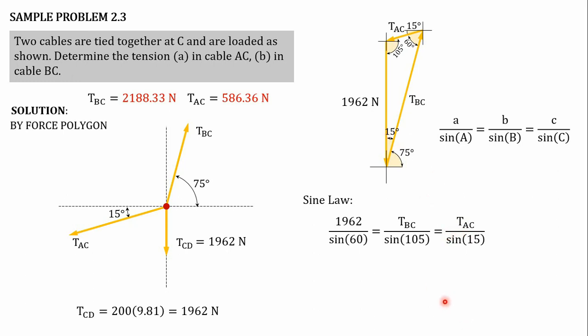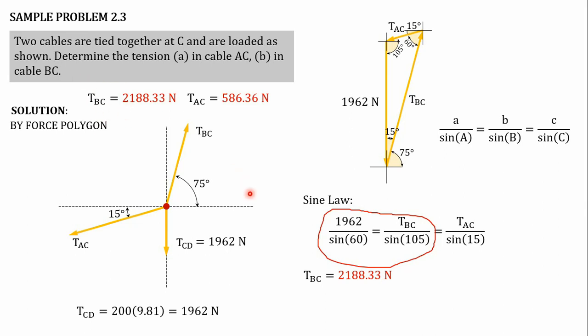By using this equation, we can now solve tension BC and tension AC. Let us solve this first. Tension BC is equal to 2,188.33 Newton, which is the same as before.